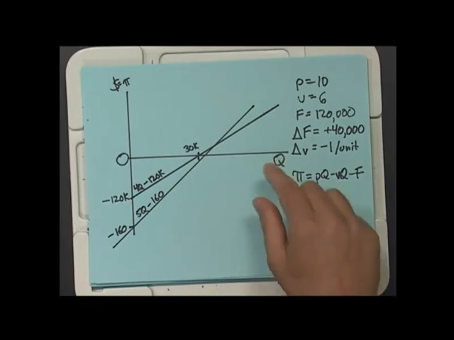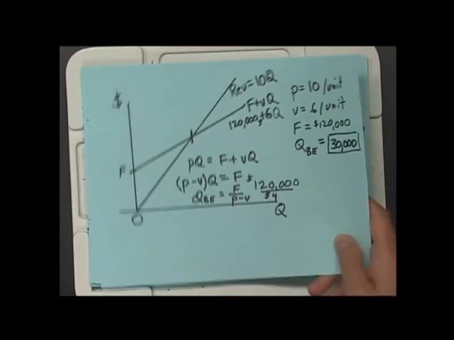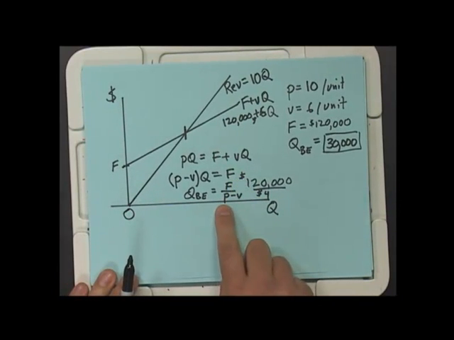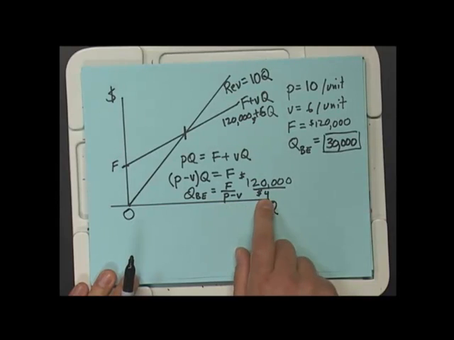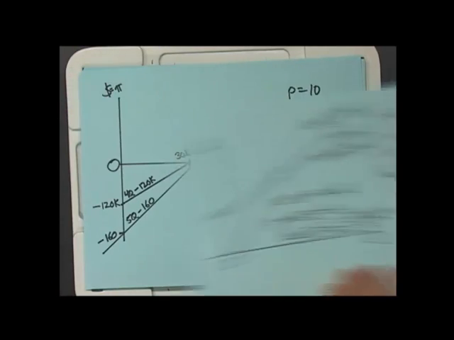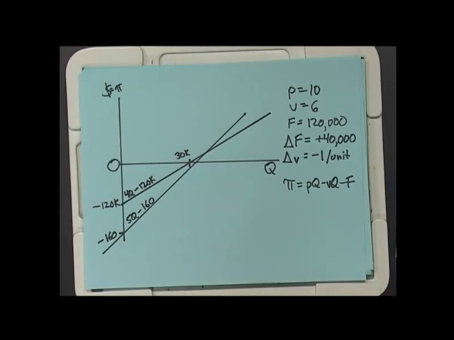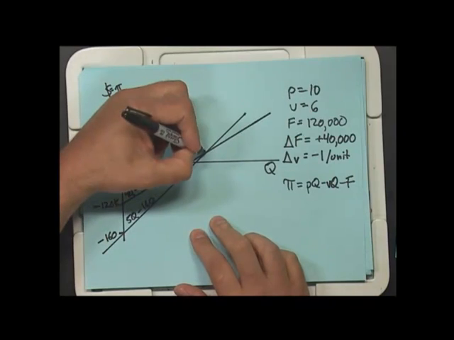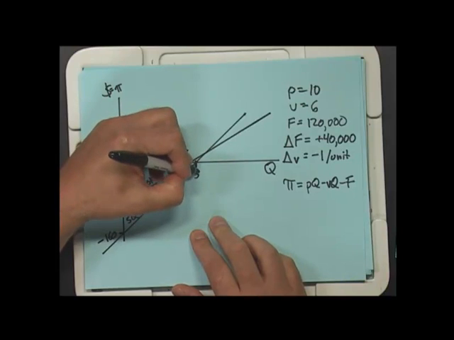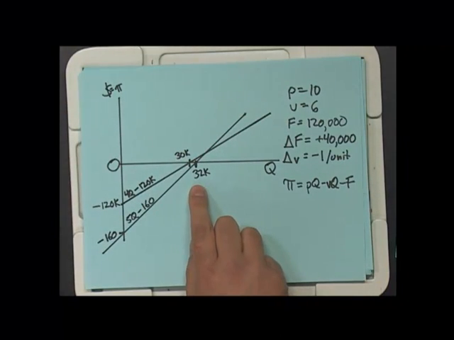Going back to our simple equation, where the break-even point is F over P minus V, it's how many times do we have to get that contribution margin to totally chip away and eliminate our fixed costs, and then we start making profit? Well, it's just F over P minus V, so 160 over 5. This point right here is 32,000. So we've raised our break-even point to 32,000.